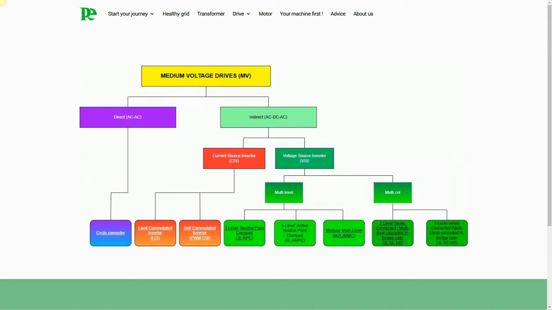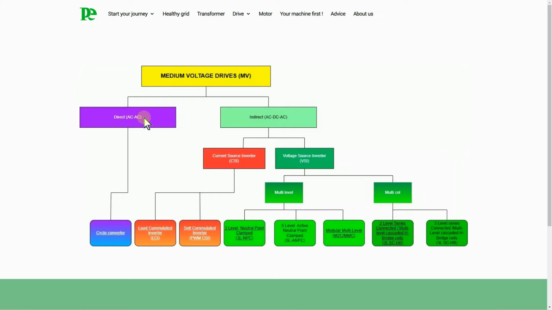For now, we focused on the VSI and the key terms pulses and levels. Now let's take a step back and have an overview of the main topologies. The accompanying diagram categorizes medium voltage drive topology based on the conversion type.